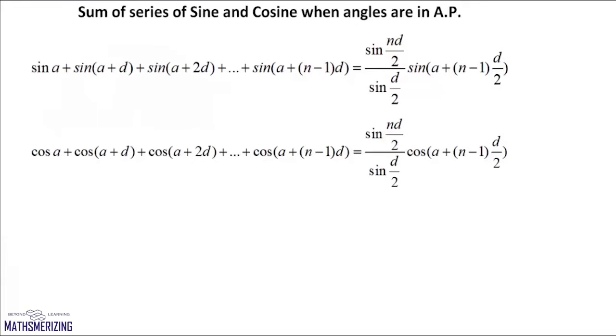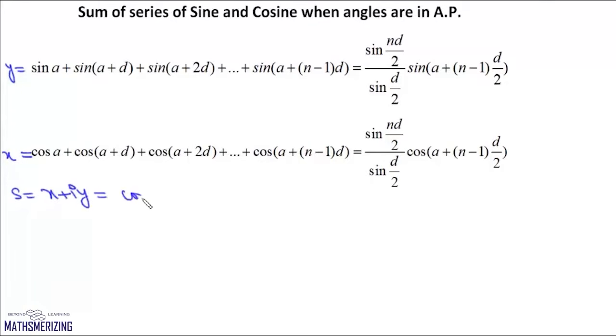Now, the second method of proving these two formulas is using complex numbers. So what we'll do is we'll take the sum of the second series as x and the sum of the first series as y. Now we'll find this sum S, which is x + iy.